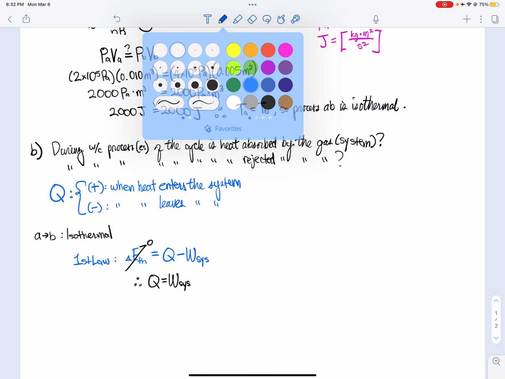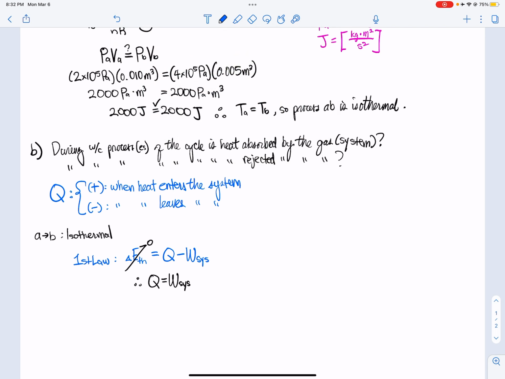And recall, this is only true for an isothermal process: work done by the system is equal to nRT times the natural log of V2 over V1.